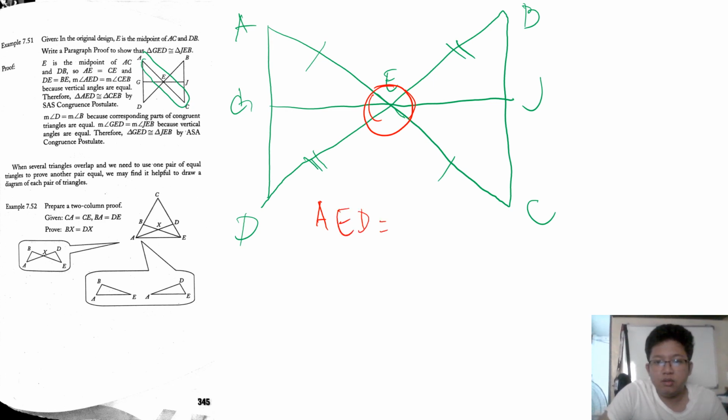Triangle ito, triangle ito. By what? By the side-angle-side SAS postulate.